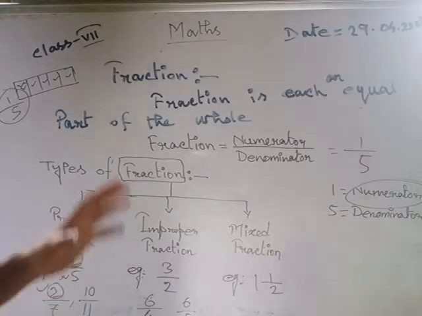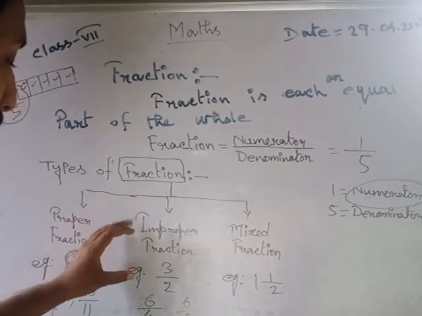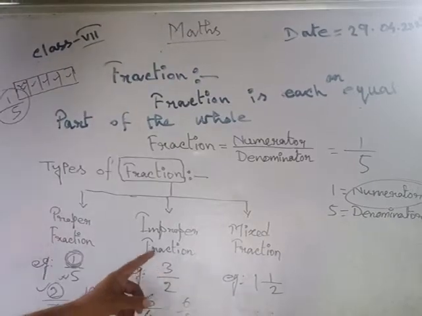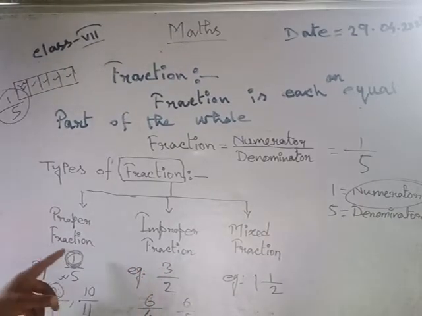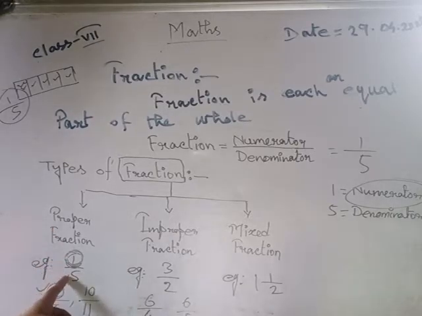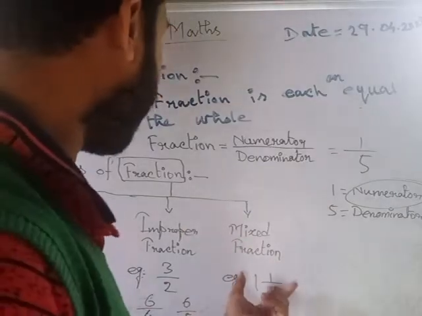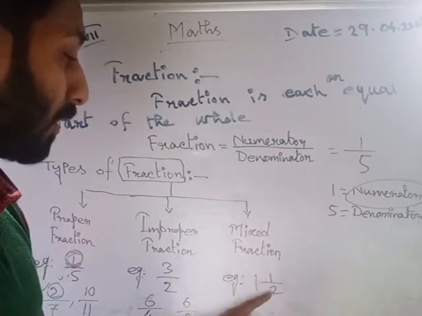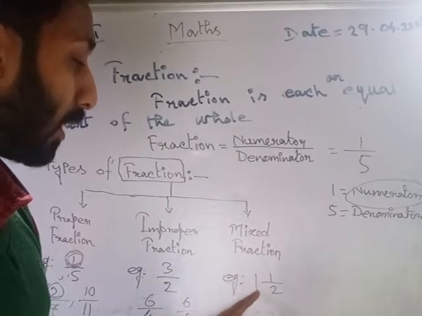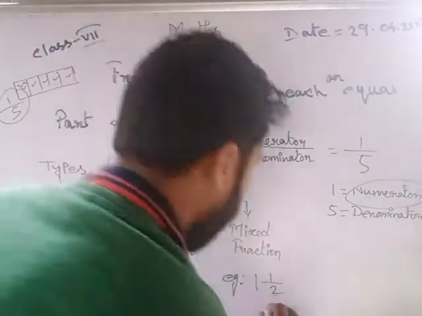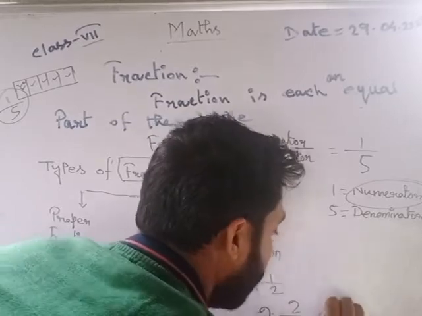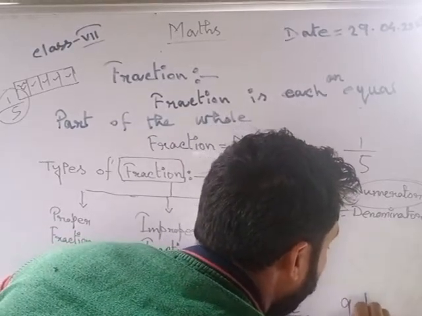Okay, that means an improper fraction is a fraction where the numerator is greater than the denominator. A proper fraction is when the numerator is smaller than the denominator. And a mixed fraction has a whole number: each and every mixed fraction has one whole number, suppose like 2 and 2/3, 9 and 1/2.